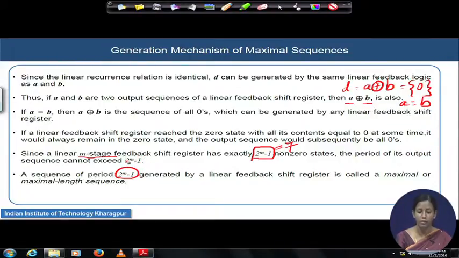Hence the period N will always be less than or equal to 2 to the power m minus 1. And if N is exactly 2 to the power m minus 1, then this kind of sequence will be called a maximum length sequence, or ML sequence.